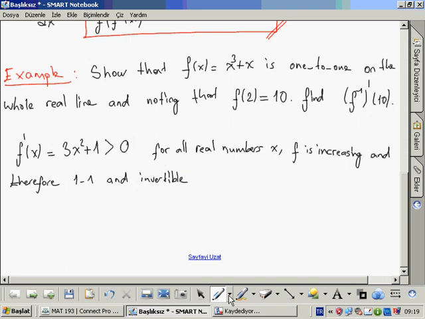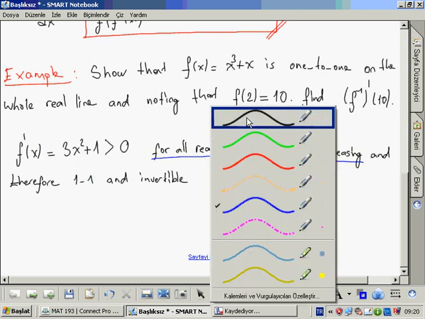My friends, this is important. This is increasing and larger than 0 for all real numbers, so we can say that the function is one-to-one, so it's invertible.